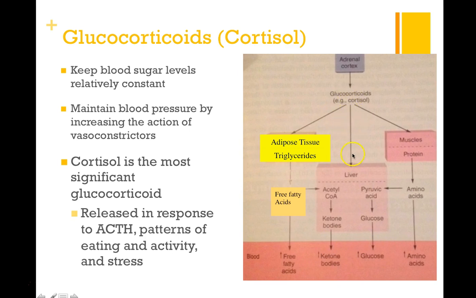The other thing it could do is directly go to the liver and release ketone bodies, and through the pyruvic acid, secrete increased glucose within our blood. And lastly, it can head over to our muscles, using the protein there to break it down and gain increased amino acids within our blood.